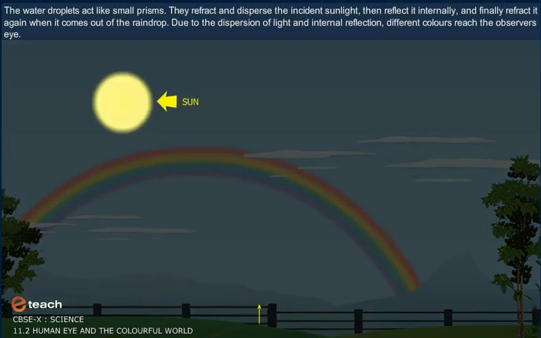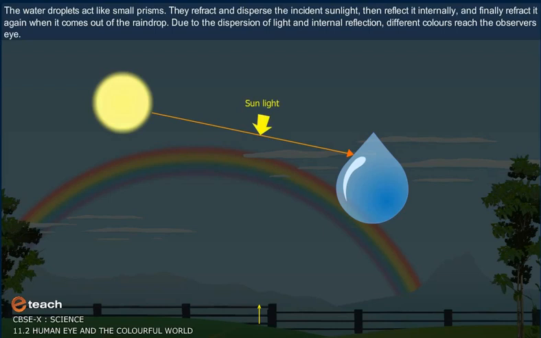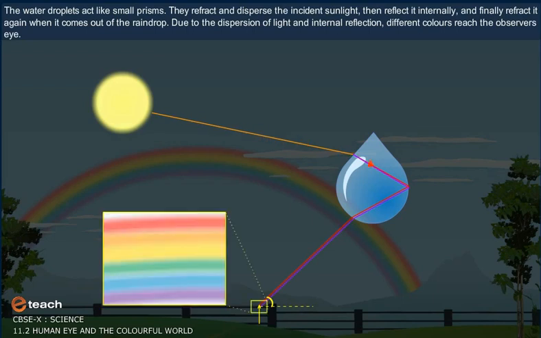The water droplets act like small prisms. They refract and disperse the incident sunlight, then reflect it internally, and finally refract it again when it comes out of the raindrop. Due to the dispersion of light and internal reflection, different colors reach the observer's eye.